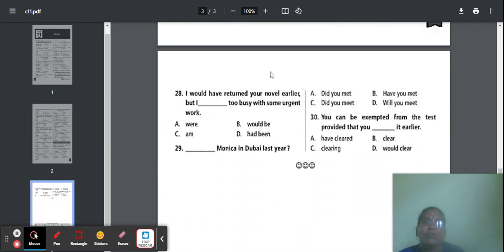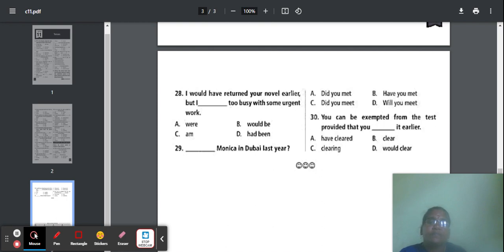I would have returned your novel earlier, but dash too busy with some urgent work. So the answer will be had been. Okay, I had been. I would have returned your novel earlier, but I had been too busy with some urgent work. So this is past perfect tense.